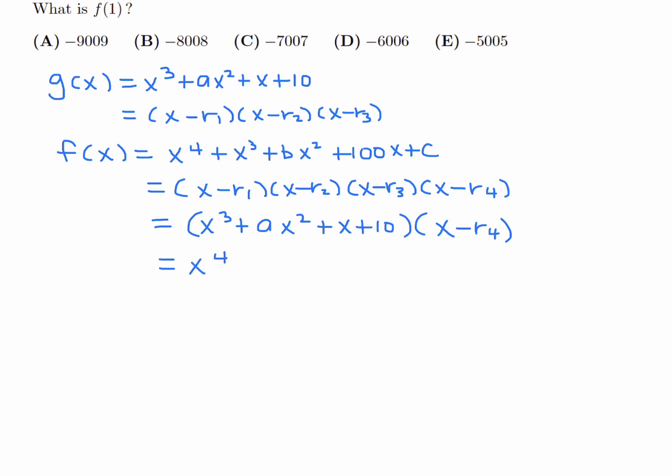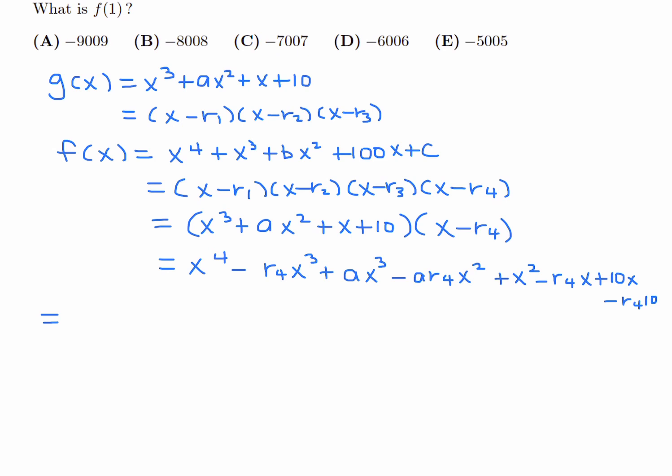X to the power 4 minus r4 x cubed plus ax cubed minus ar4 x squared plus x squared minus r4 x plus 10x minus r4 times 10.